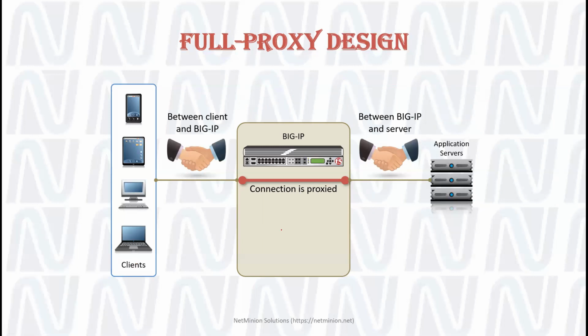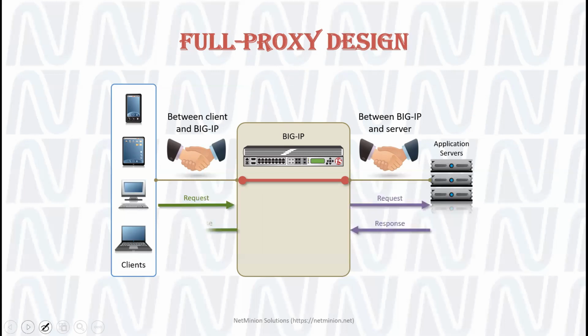So what I was saying is that the BIG-IP system is the full proxy. The connection is proxied. Since it is a proxied connection, see what is happening now. Your request is not going straight through.